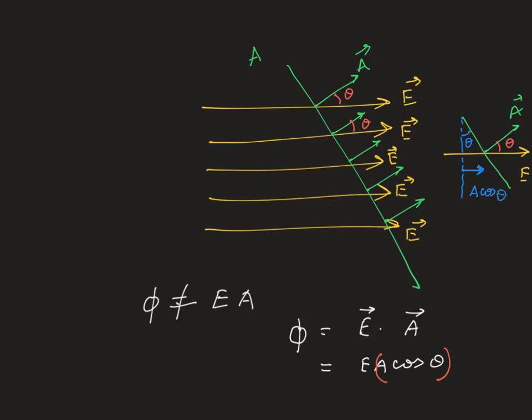We are not multiplying field with any area, we are multiplying field with the area vector that is in the direction of field.